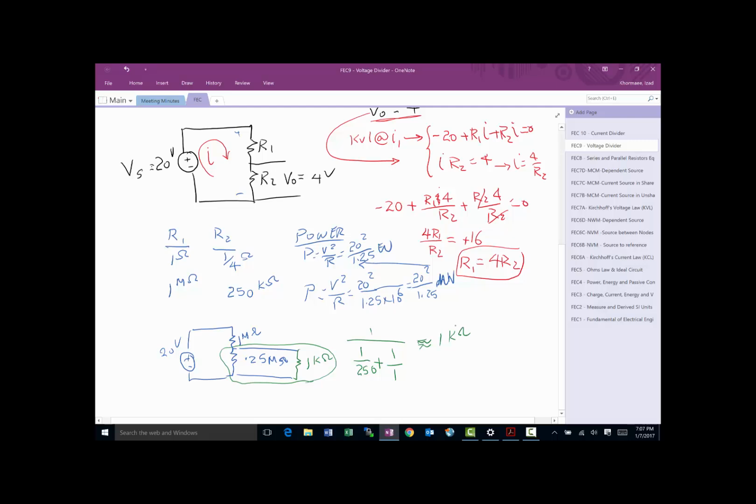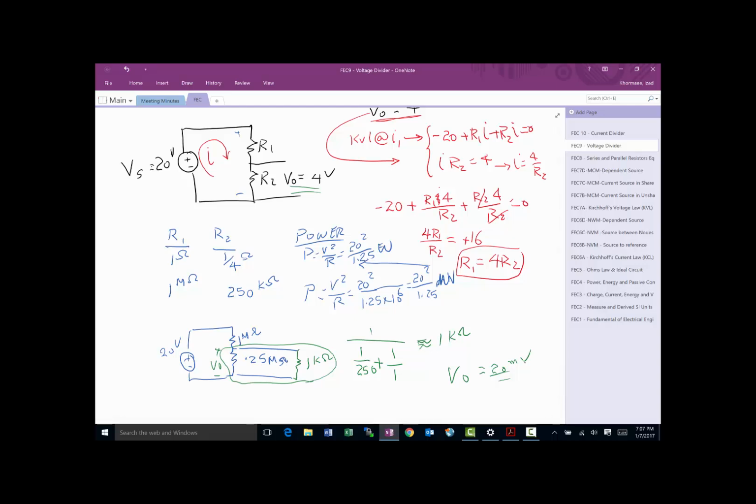Now, if you go back and redo the voltage divider equation that we worked out, in this particular case your V out, the V across this, is going to be very, very small. It's going to be roughly 20 millivolts. That's not what you were looking for. You were looking for 4. You got 20 millivolts.